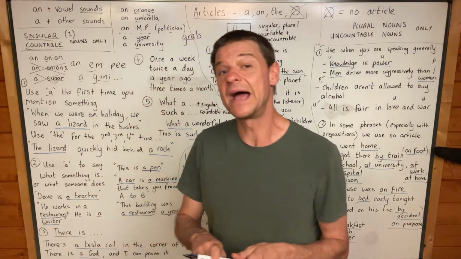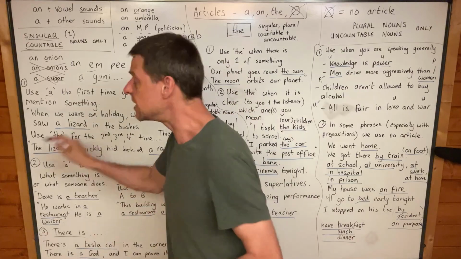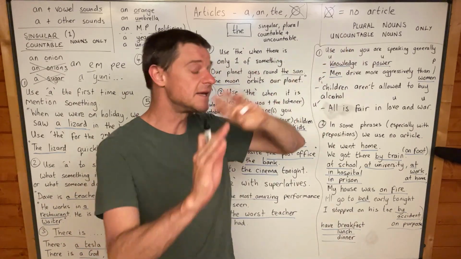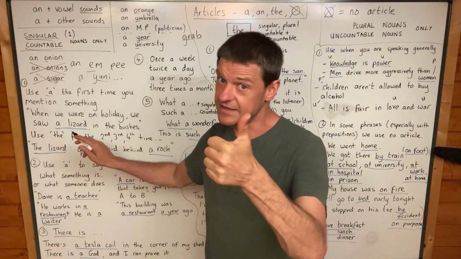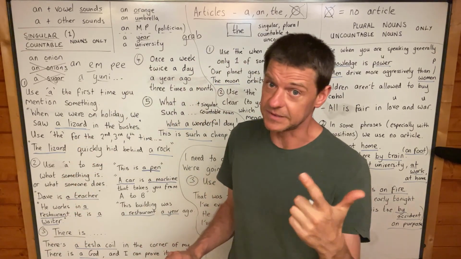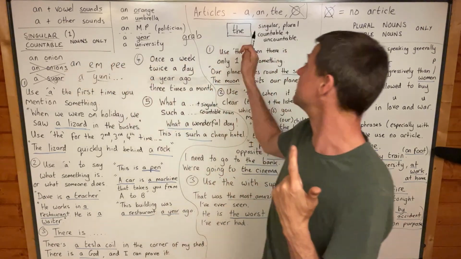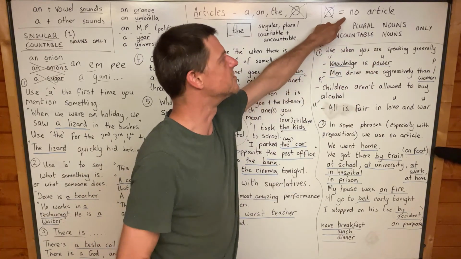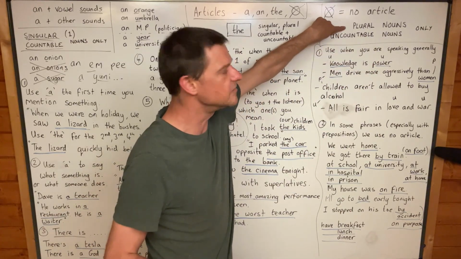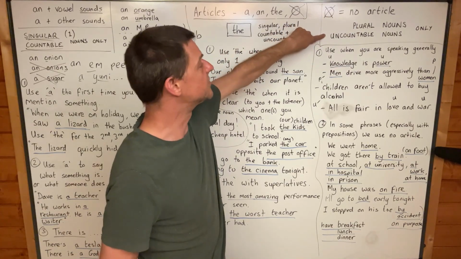Just a lizard. Now it must be a or the, because it can't be no article. It can't be, because lizard is singular and countable. If the noun is singular and countable, it must be a or the. You can't use no article with singular nouns, and you can't use no article with countable nouns.